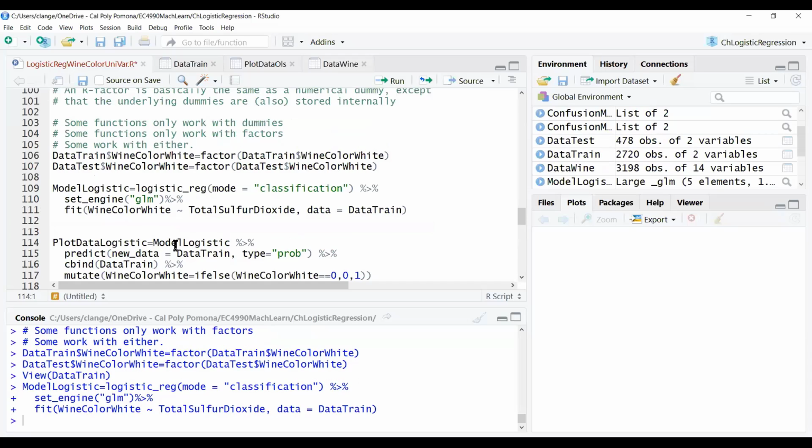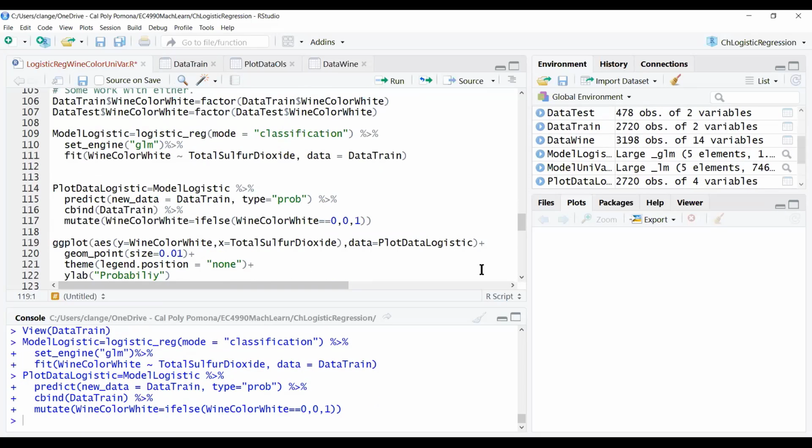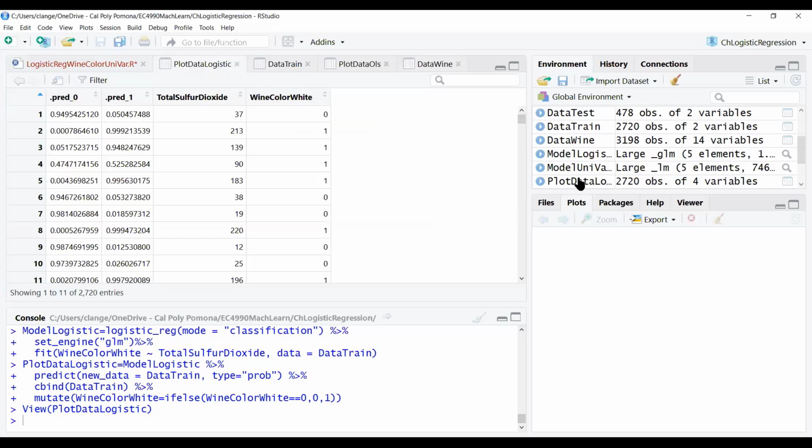What I do now, I generate my plot data similar to before, and I can look at them. They look a little bit different than the other ones. The procedure gives me predictions for both, predictions for 0 and 1. These are the predictions I'm interested in. These are the predictions for the positive class. So let's see. The first wine here has a probability, and now I can interpret them as probability, of 5% to be white.